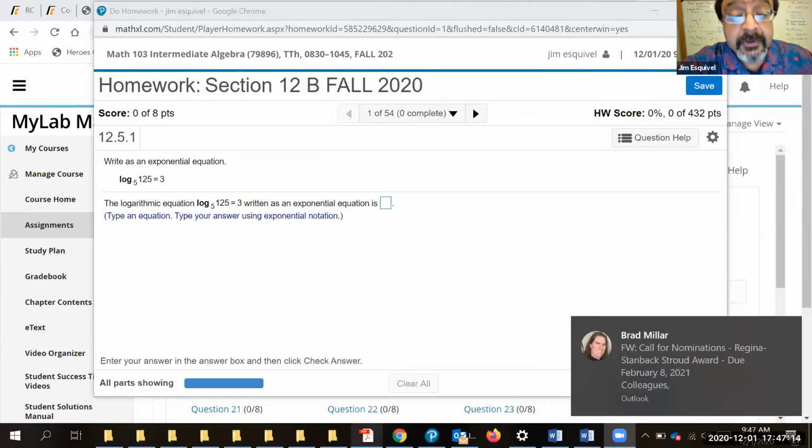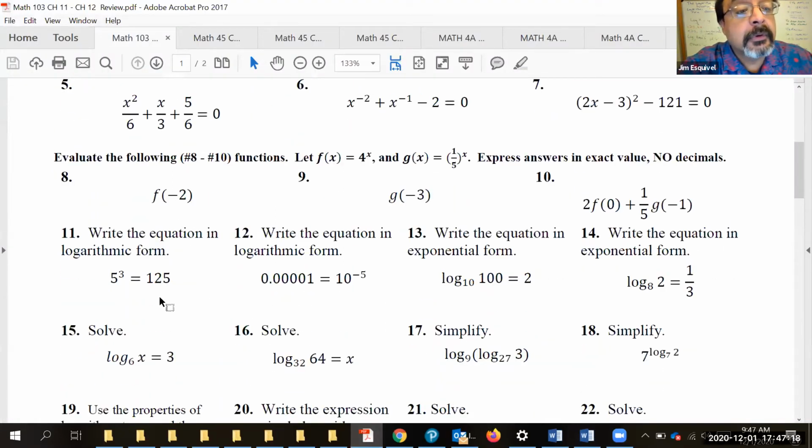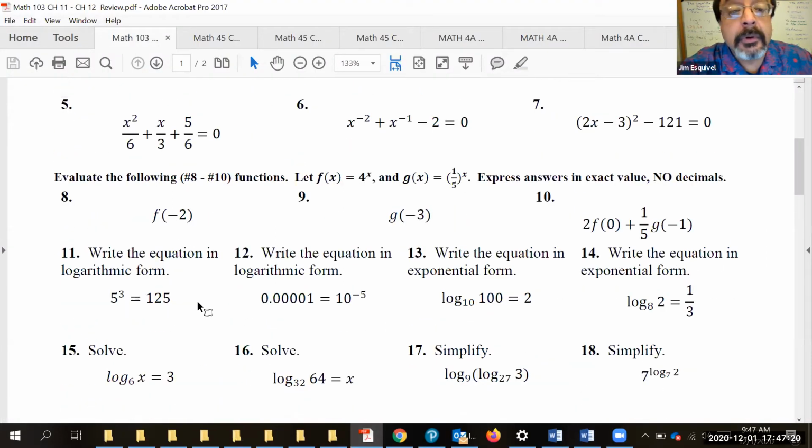If you look at the review sheet, question 11, change this into a logarithm.